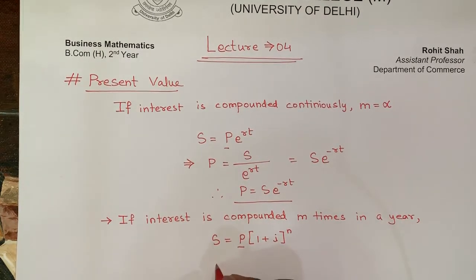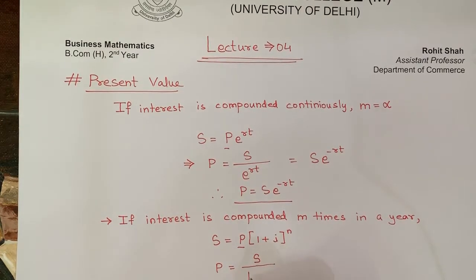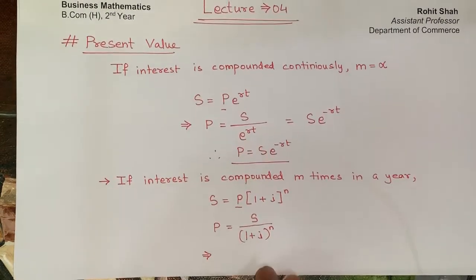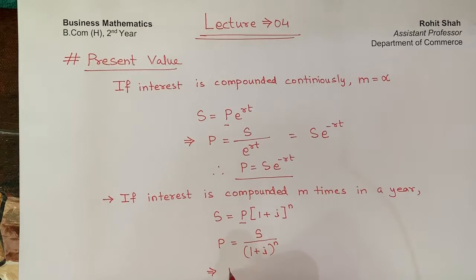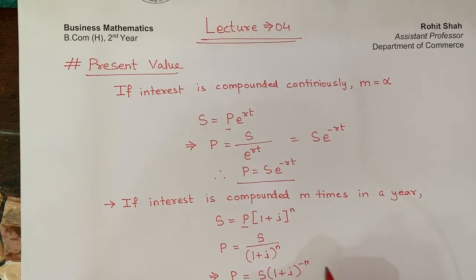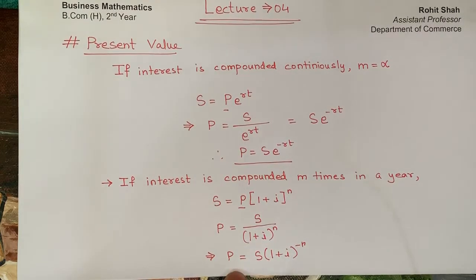So we can rewrite this formula as P equals amount divided by (1 plus i) to the power n, which we can again rewrite as principal or present value is equal to amount multiplied by (1 plus i) to the power minus n. So again, this becomes the formula for present value if interest is compounded m times in a year.